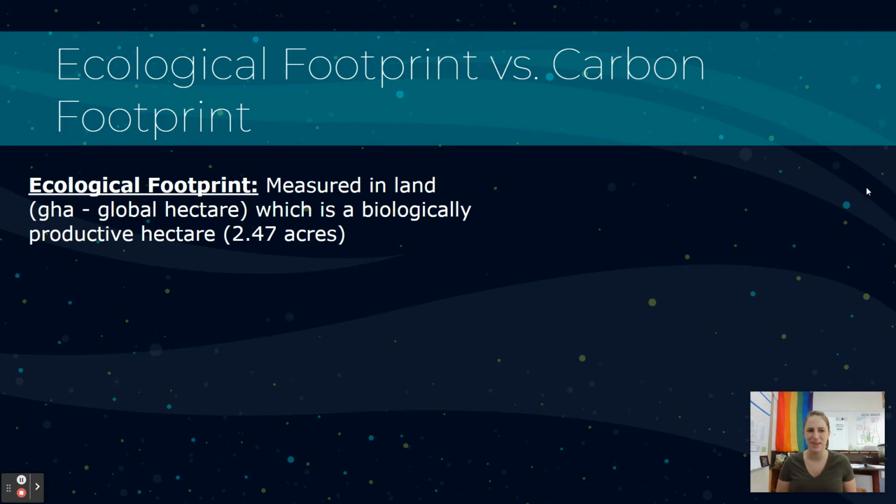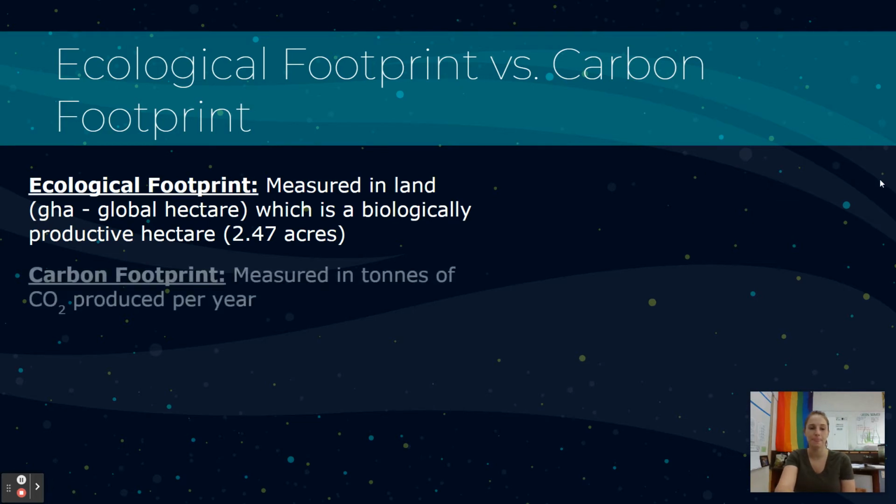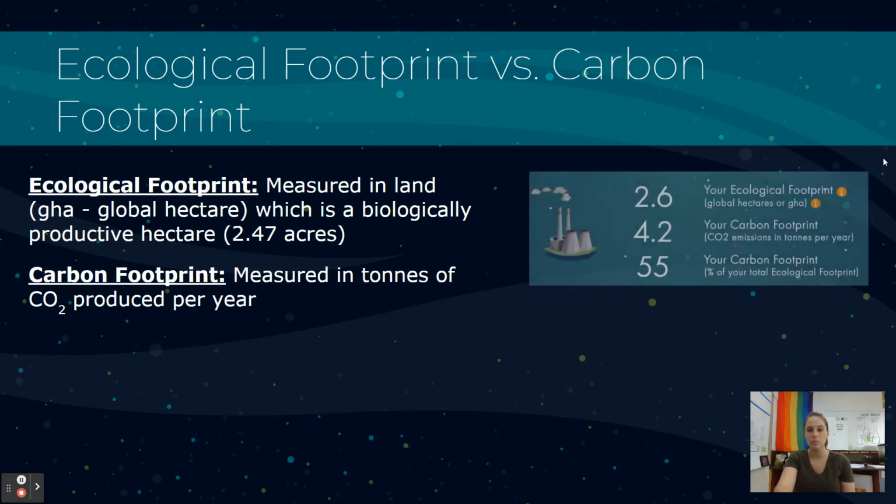If you aren't familiar with hectares, about 2.5 acres, 2.47, is going to be one global hectare. Then your carbon footprint is measured in tons of carbon dioxide produced per year. So your ecological footprint is more like the land, and the carbon footprint is what your life produces for carbon dioxide into the atmosphere.